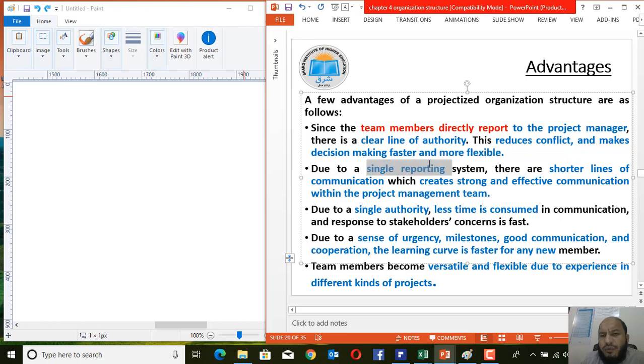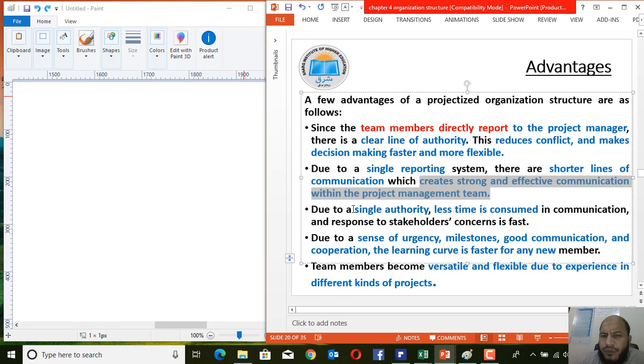Here is a single reporting system, and that's why we may say that there is a shorter line of communication. So employees can directly access their managers.